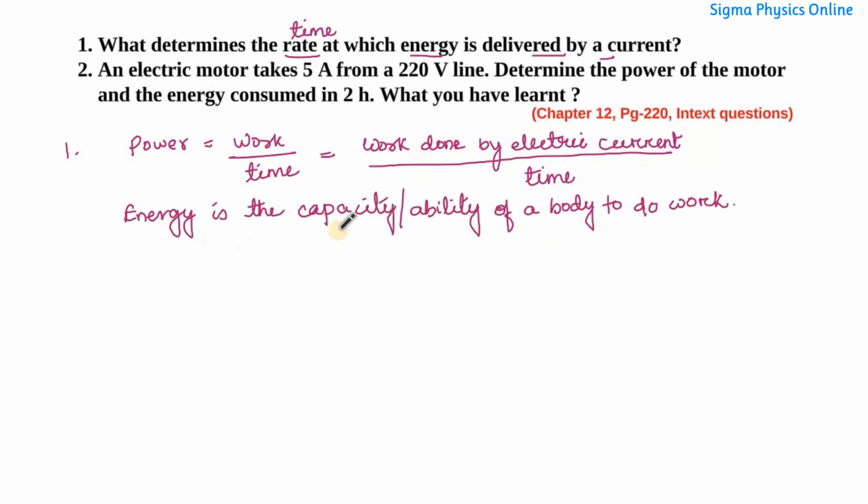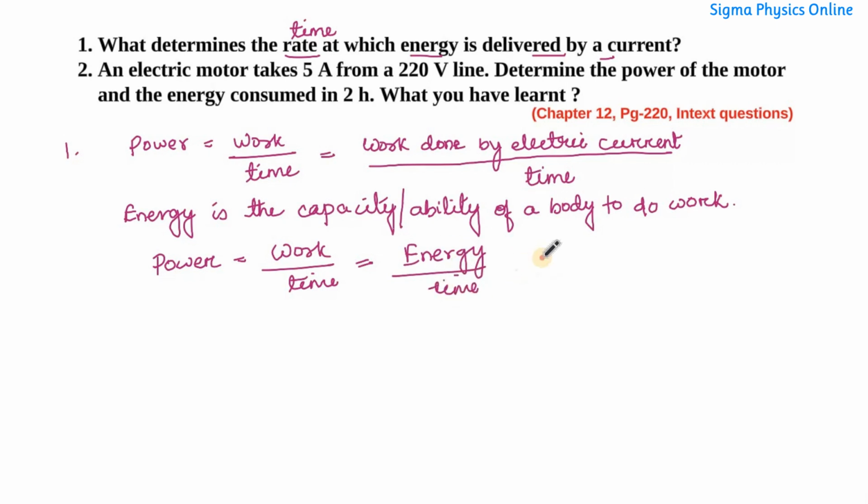Now we know that energy is the capacity or the ability of a body to do work. So this equation we can rewrite as power is work by time, which is equal to energy by time.